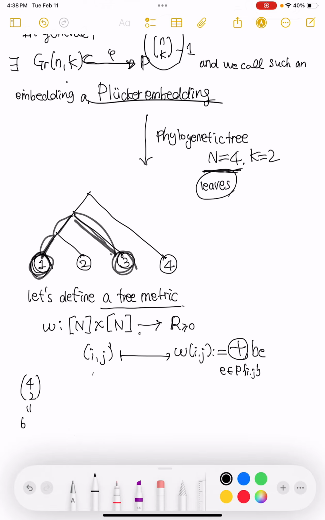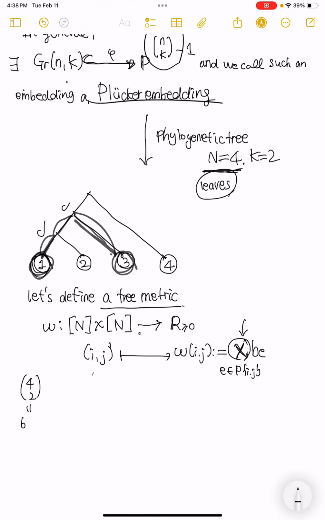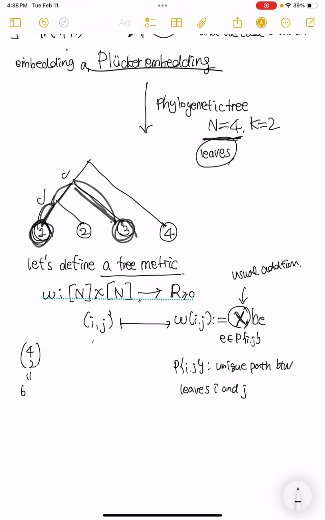The formula explains the situation in the tropical geometry world. The multiplication is usual addition, and P_ij means the unique path between leaves i and j, which just describes the path between them.